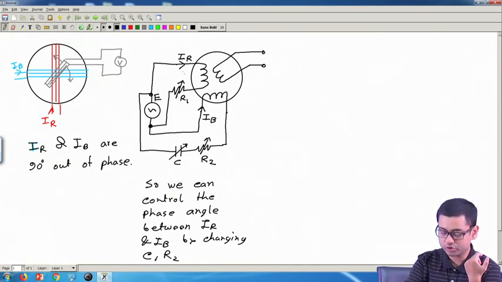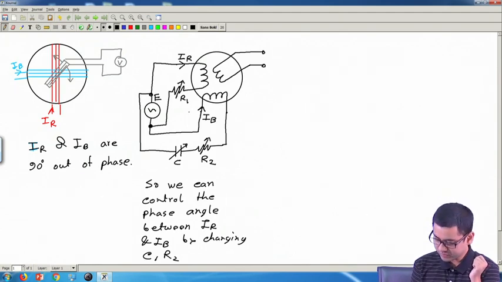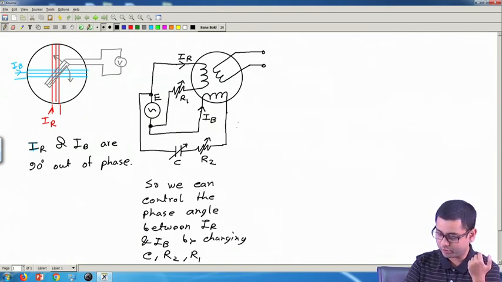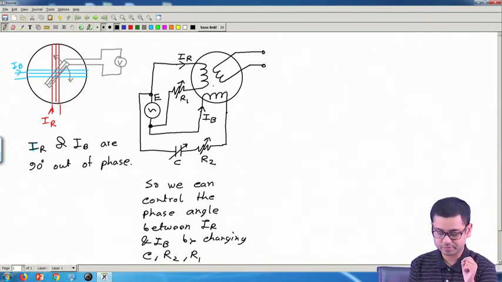So you may also need to vary R1, R2 to ensure that the two currents have the same magnitude but phase angle 90 degrees. It's possible, by changing these impedances appropriately, to make sure that these two currents are 90 degrees out of phase but with the same magnitude.